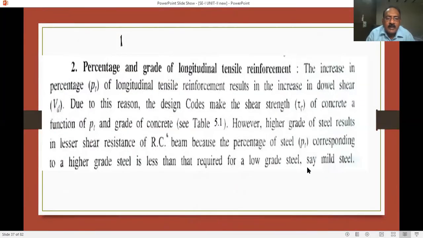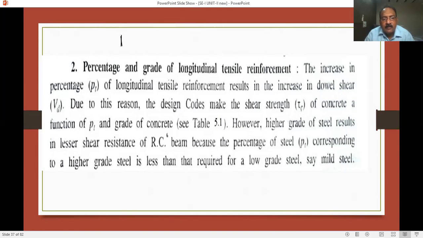The next factor is the percentage and grade of longitudinal reinforcement. See, as per norms, I am repeatedly telling you, this code book is very important. The minimum tensile reinforcement and maximum tensile reinforcement are given by provisions in IS 456. According to that, you have to provide. If you provide according to that, you will not see these types of failures.